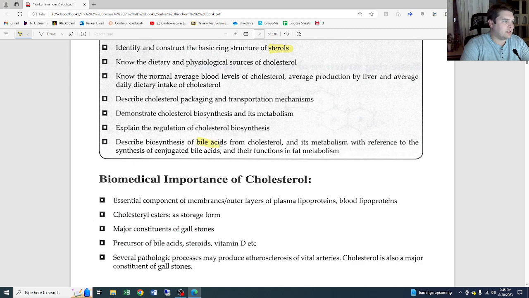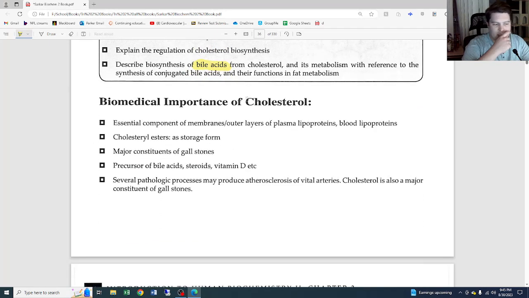So bile acids, this will be talking about the gallbladder and how the gallbladder produces specific acids from cholesterol to actually be injected into the small intestine to break down fats to allow us to absorb those fats and digest them.